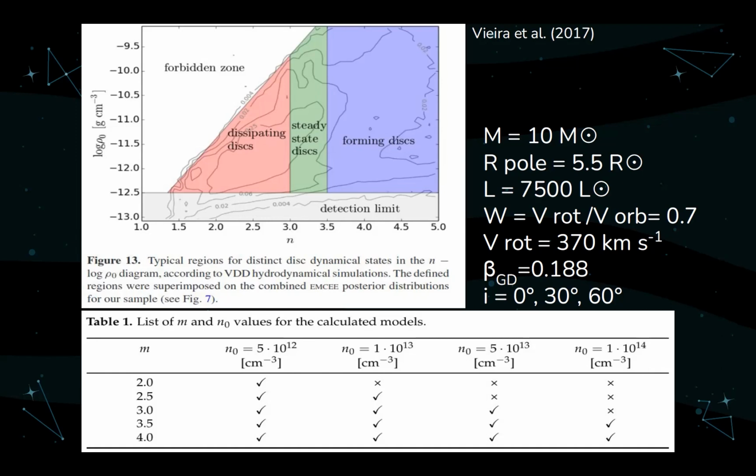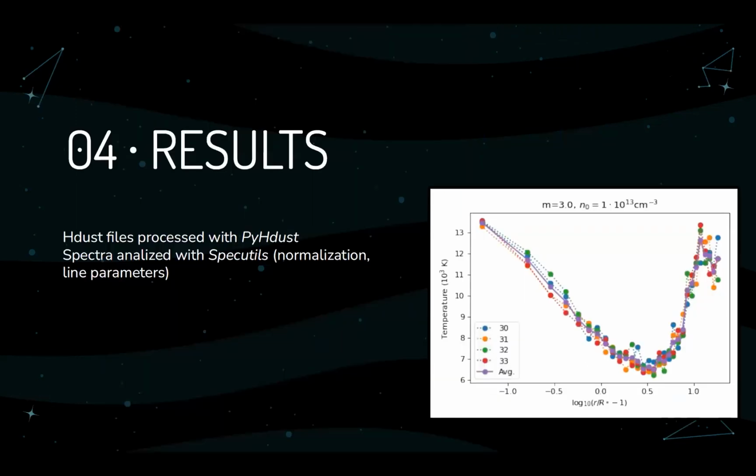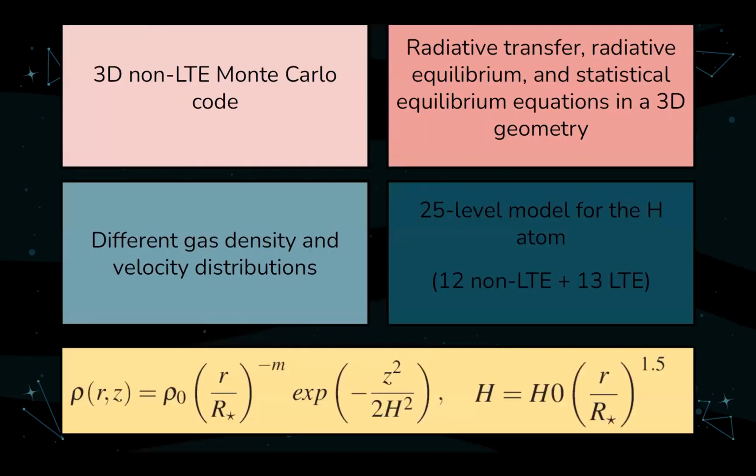To each line, you say? Yes. Because, for example, if we are observing Brackett alpha, there was this graph of wavelengths, I mean 1, 2, 3, 4 micrometers.